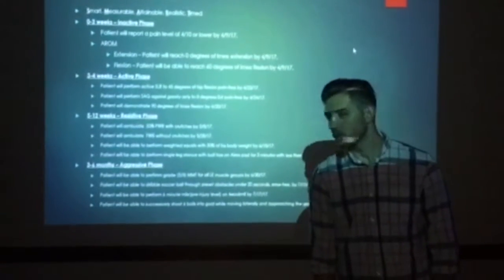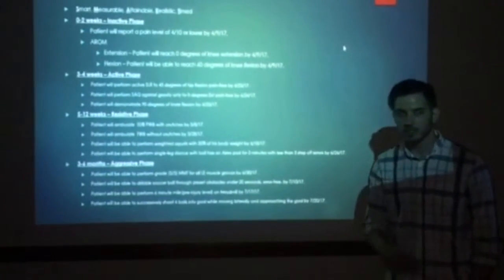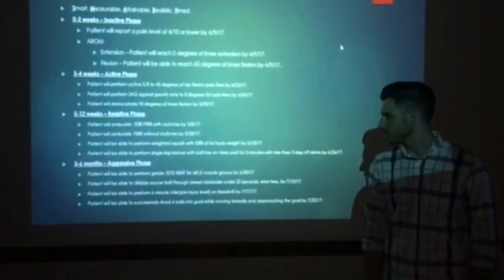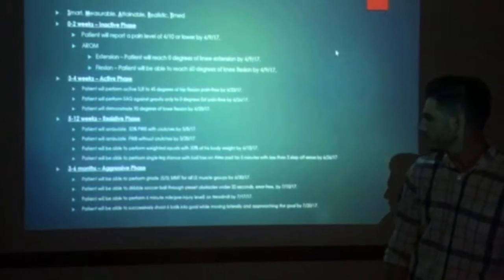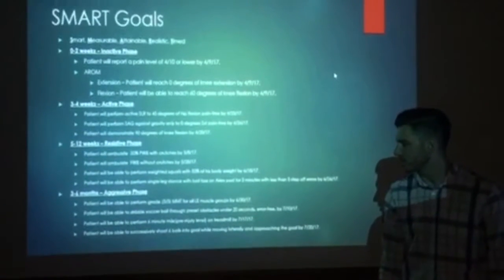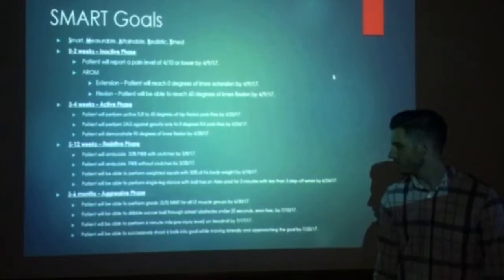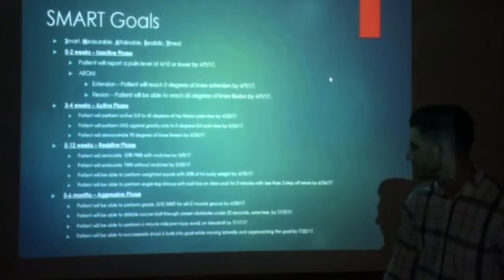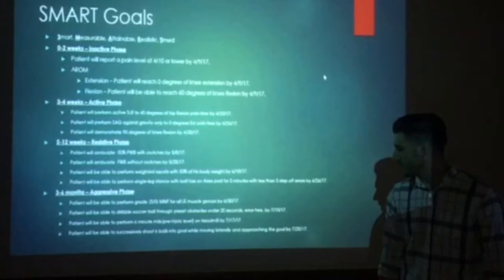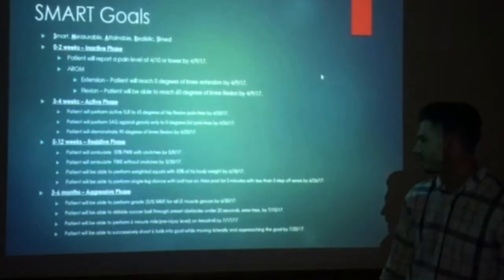Our fourth phase, the aggressive phase, is 3 to 6 months out. Our patient will be able to perform a grade 5 out of 5 manual muscle test in all lower extremity muscle groups by 6/30/2017. Our second goal, the patient will be able to dribble a soccer ball through preset obstacles in under 20 seconds error-free by 7/10.